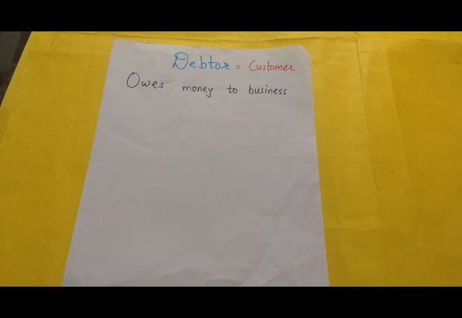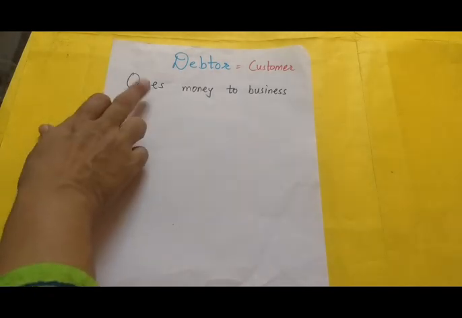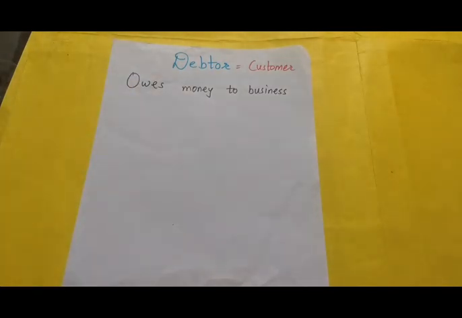He has received the goods, but he is yet to pay for it. Yet to pay means he owes money to the business. So Mr. A is considered a debtor, a person who owes money to the business.